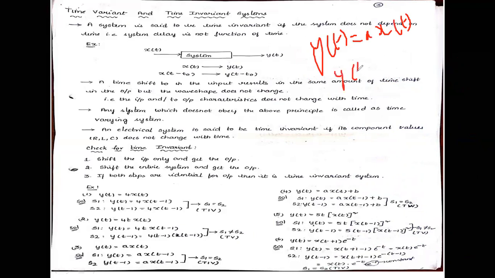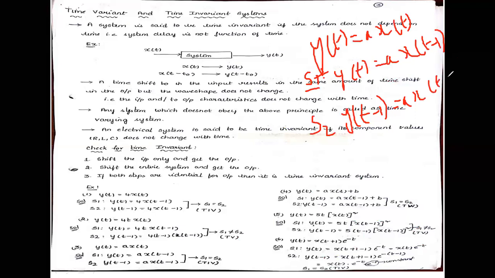So y of t is equal to a into x of t minus 1 in step 1. In step 2, replace t minus 1 in the t, a into x of t minus 1. So both are equal here. This is a time invariant system, but the previous one is a time variant system.